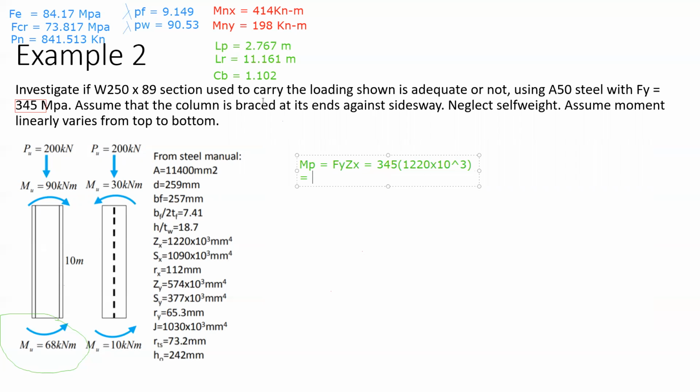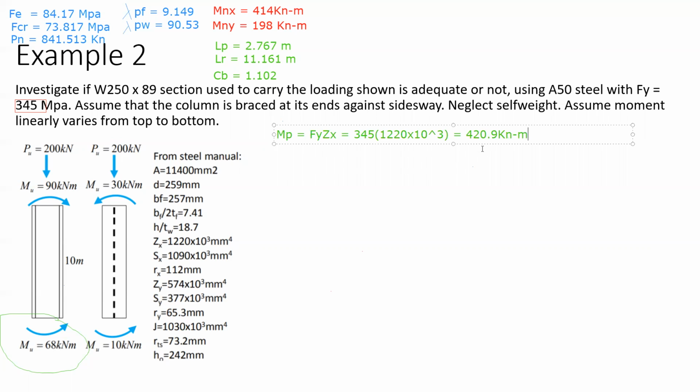So what's the value of MP? 420.9 Kilonewton meter. Okay.